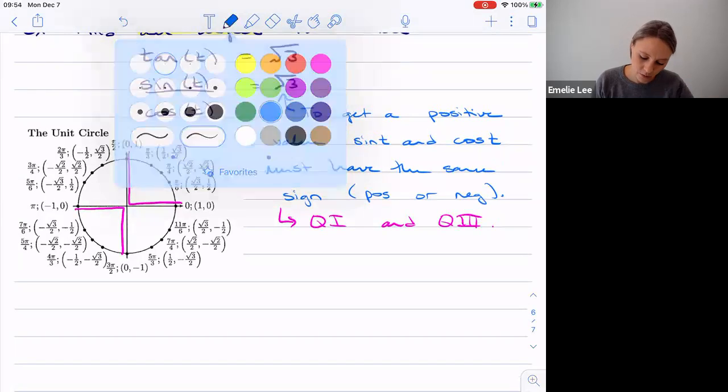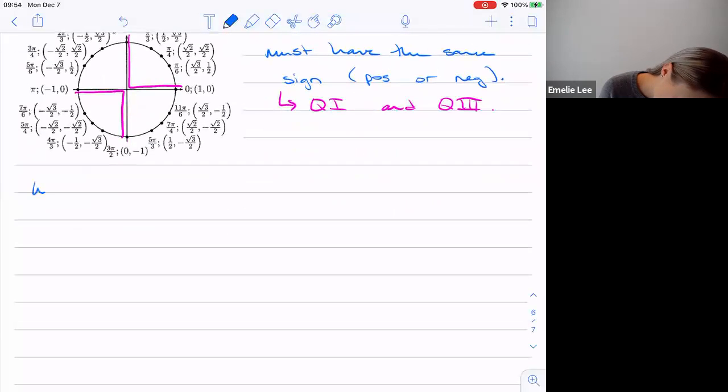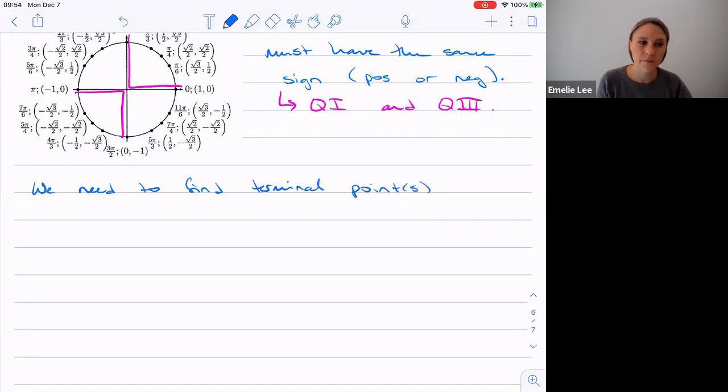Okay, so we need to find terminal points. It will be multiples, so that's why I'm making it plural, but I should leave it open for just having one, but there will be 2.